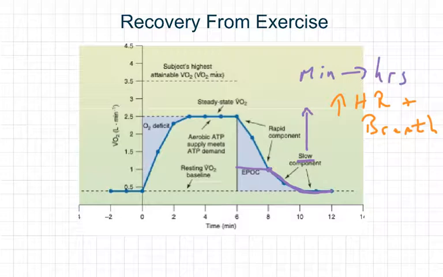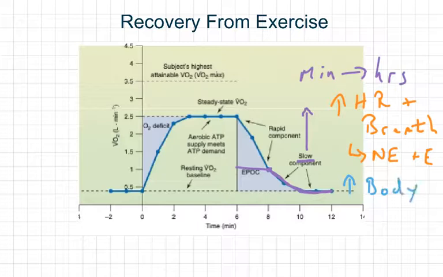Usually, a lot of this is due to the increased catecholamines, known as norepinephrine and epinephrine, still circulating in the body. Also, during this portion, we'll still continue to see increased body temp.